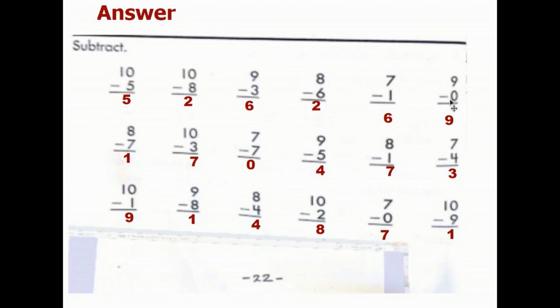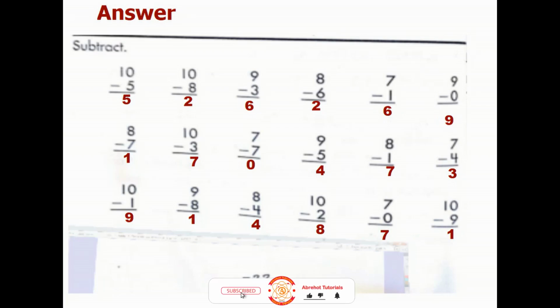As I said before, if you subtract 0 from any number, the result will not change. It is the number itself. And here, if you subtract 1 from 7, it will be 6. And again, 8 minus 6 is 2. 9 minus 3 is 6. 10 minus 8 is 2. 10 minus 5 is 5. In this way, try to finish it all.